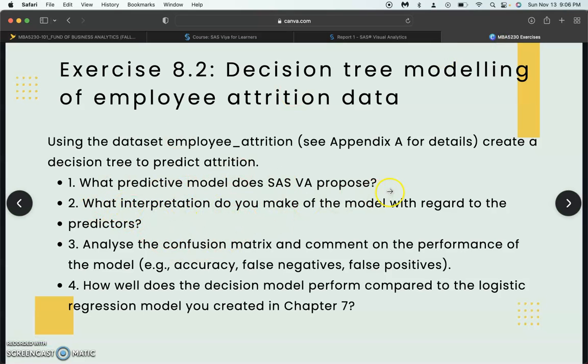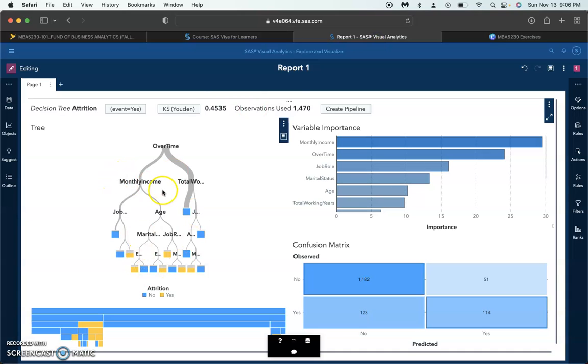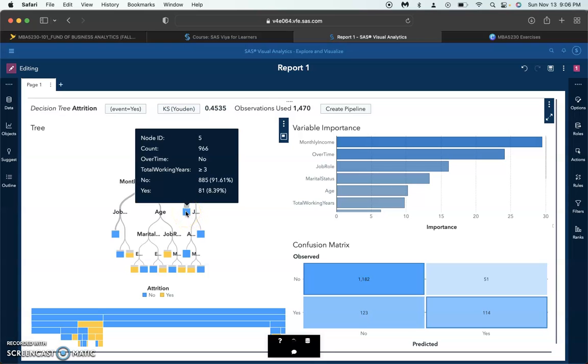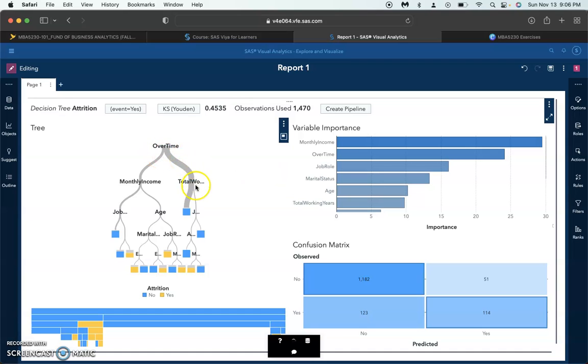Then going out of here, the next question was, what interpretation do you make of the model with regard to the predictors? So we're going into here. This is looking at overtime to do with total working years. Right here you can see total working years is about 8.39%. That says yes, overtime does have an emphasis on total working years.